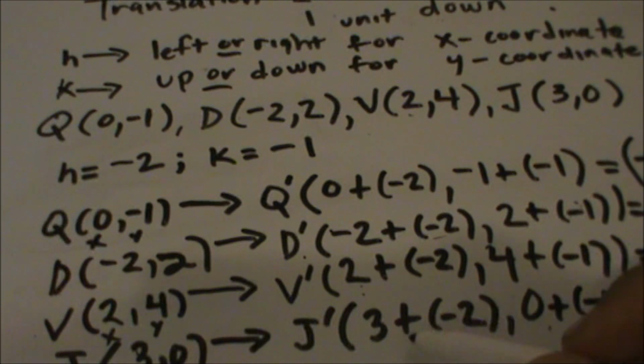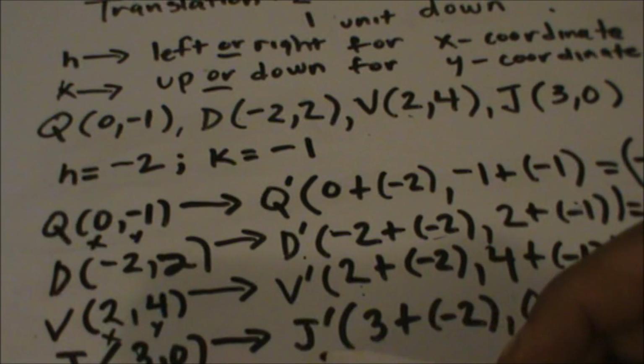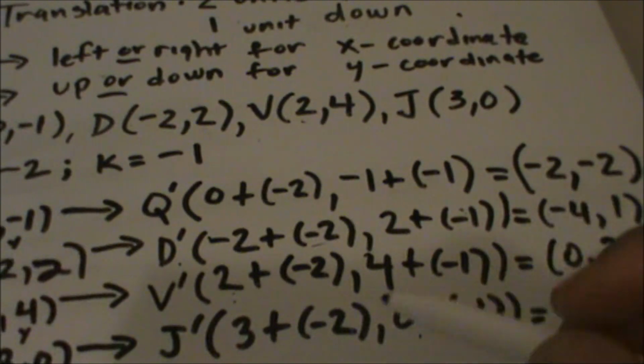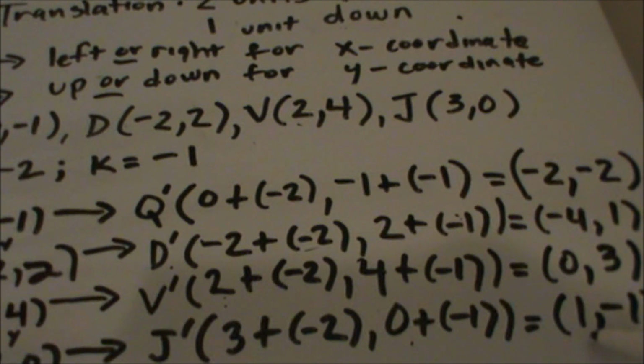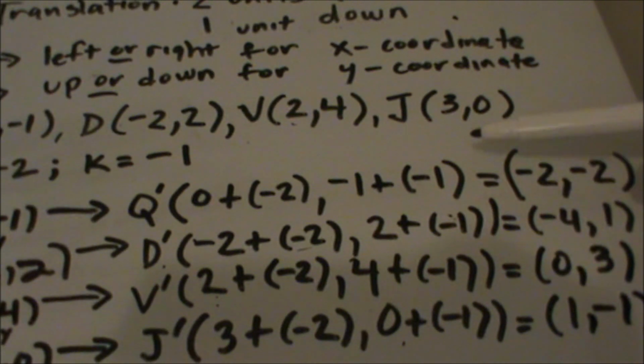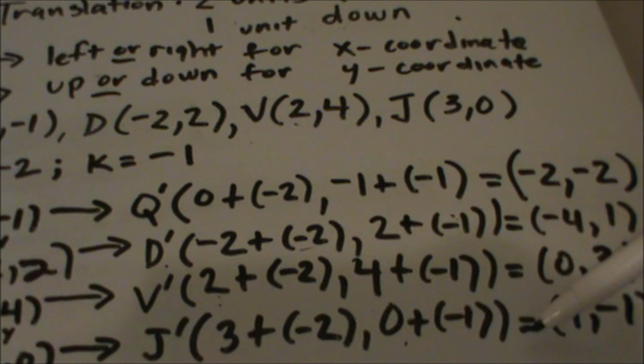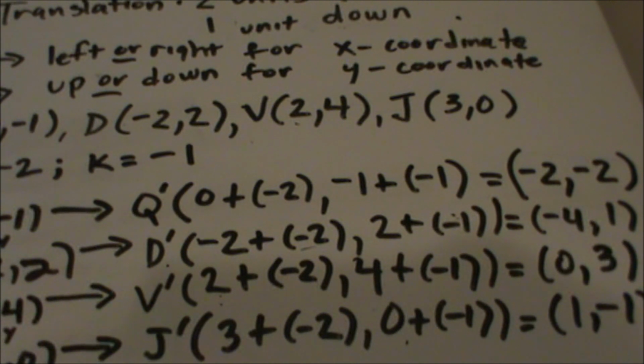Your final value is 3 plus -2, which is +1, and 0 plus -1 will give you -1. So J prime will equal (+1, -1). So you have your new coordinates: your Q prime, D prime, V prime, and J prime.